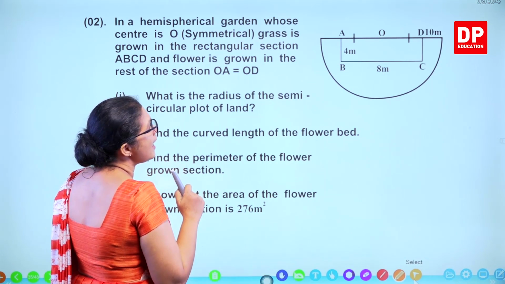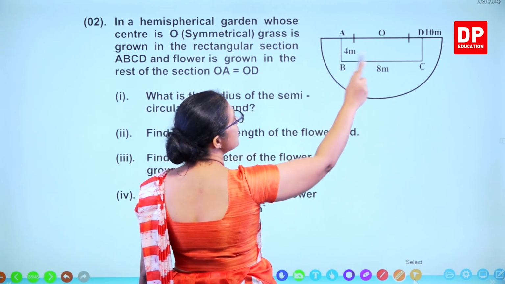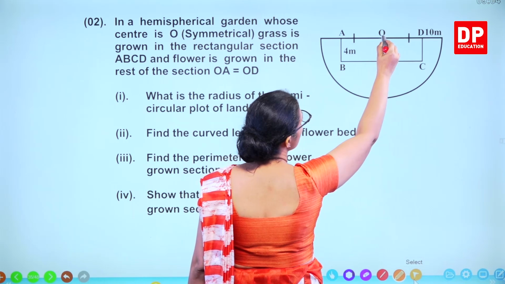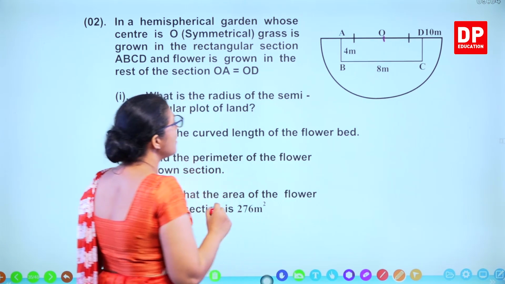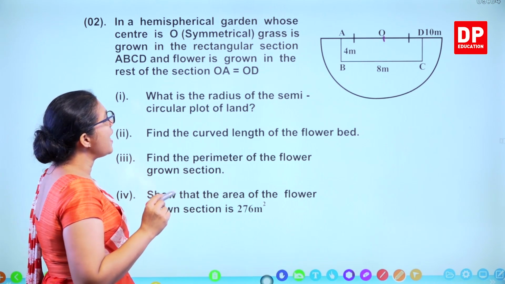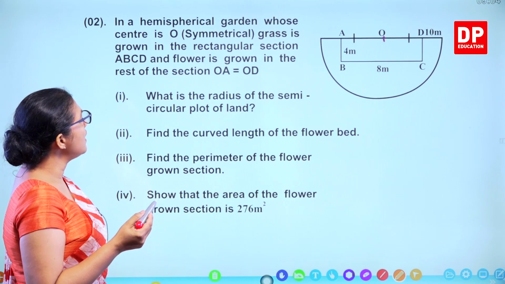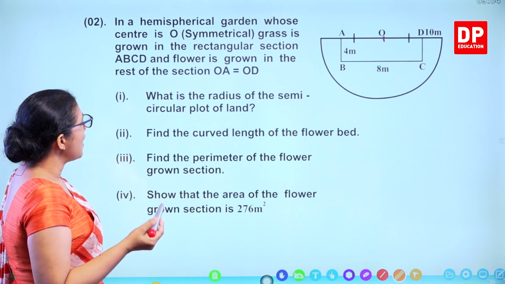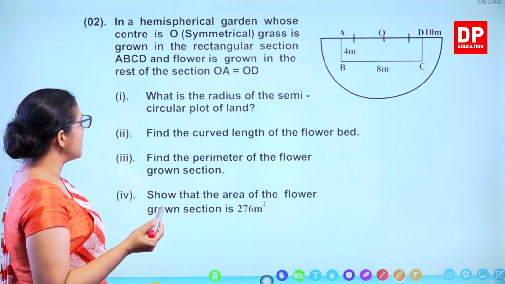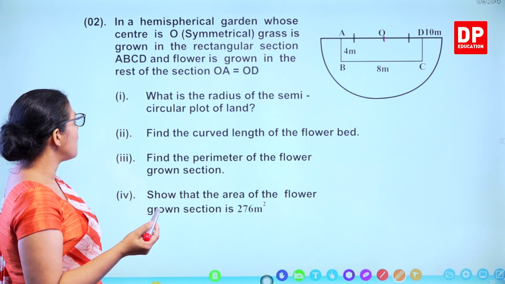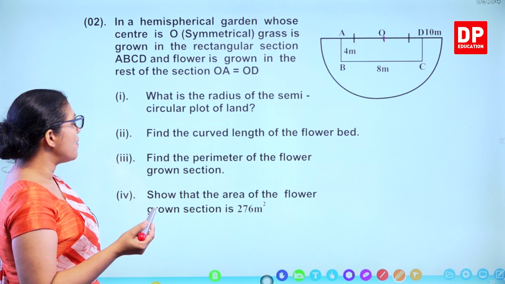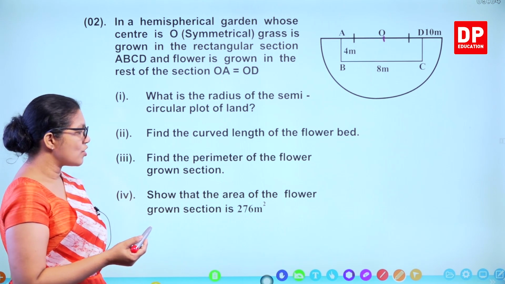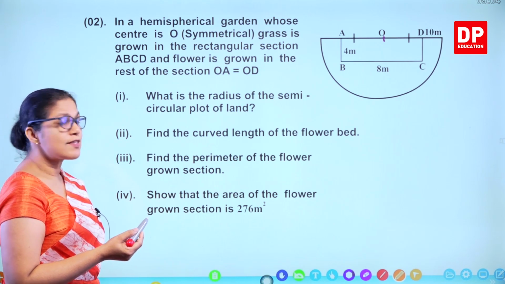So OA is equal to OD. So this is O. Distances are equal. What is the radius of the semicircular plot of land? Find the curved length of the flower bed. Find the perimeter of the flower grown section. Show that the area of the flower grown section is 276 square meters.